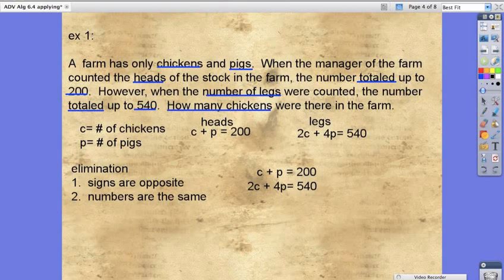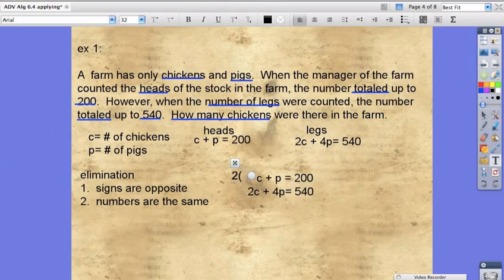So I'm going to multiply the top equation by 2. And you'll notice that when we multiply by 2, it'll give us the same number, but they're not the opposite sign. So to make the signs opposite, I'm going to take that 2 and make it a negative 2.